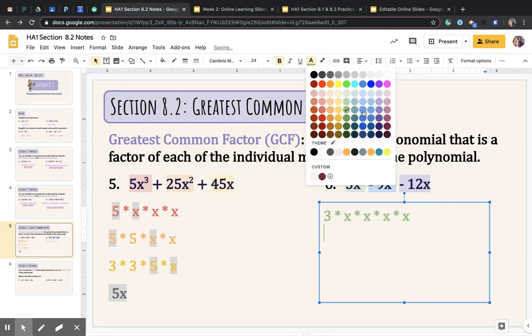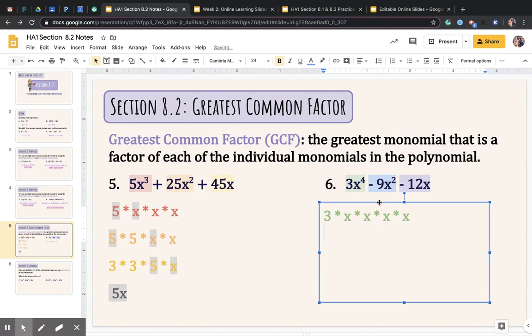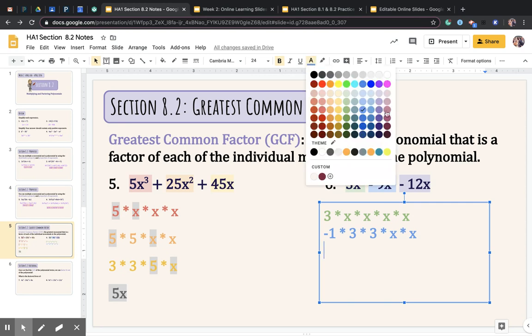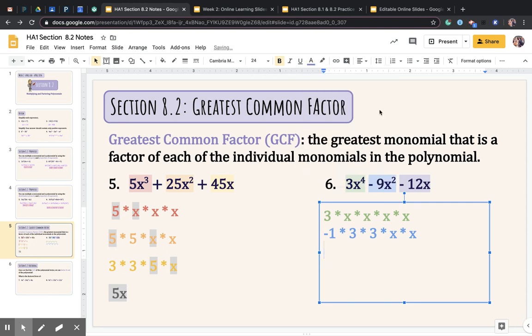For the blue one, the reason why the negative is important is because it's kind of like saying negative 1 times 3 times 3, right? 3 times 3 gives us 9, and then 9 times negative 1 gives us the negative 9. And then times x times x. And then the last one, the purple one, similar, right? Negative 1 times 3 times 4 times x.